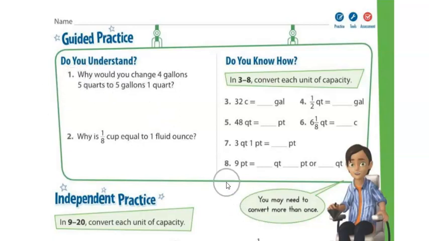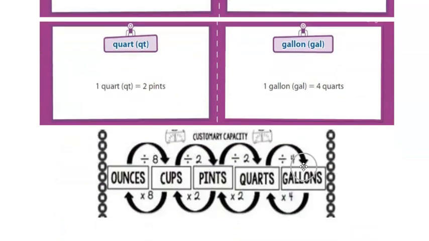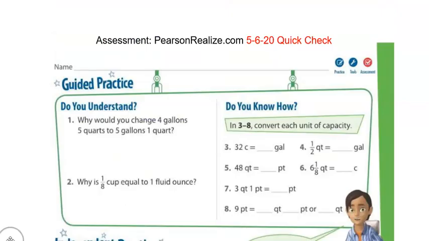If we're looking at our conversion chart, going from quarts to gallons, you can see that it's either dividing by 4 or multiplying by 4, which means that a gallon is 4 quarts. So if I have 5 quarts, I can make an entire gallon out of those quarts and still have some quarts left over.